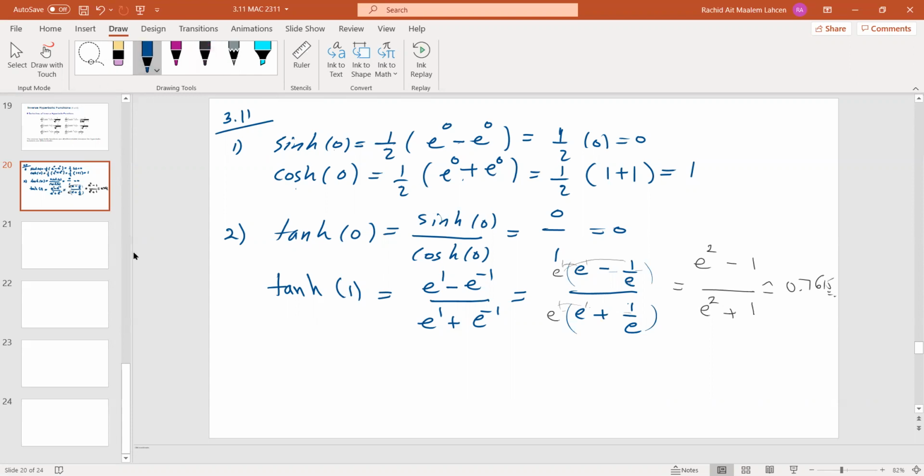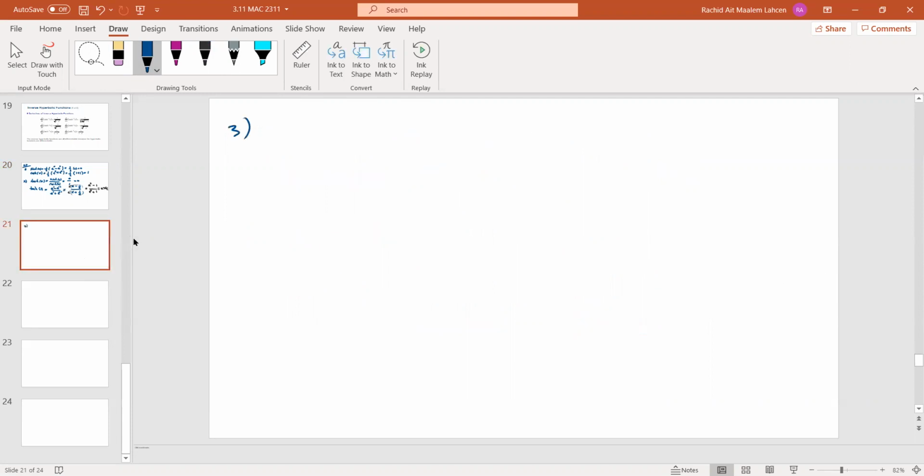What else? Let's say we're asked to find, this is question 3, the hyperbolic cosine of ln 5. Here we'll combine the logarithmic properties.